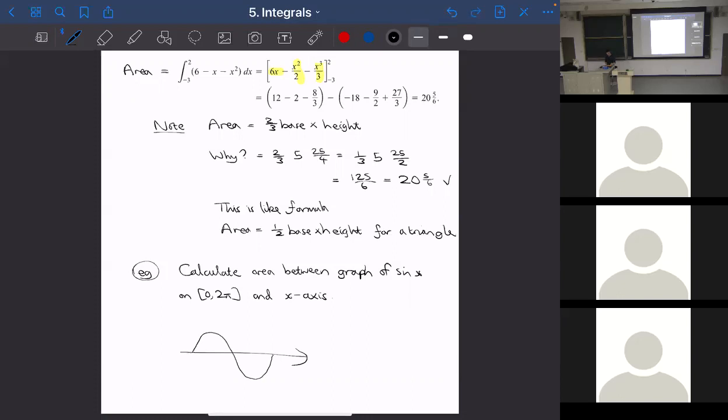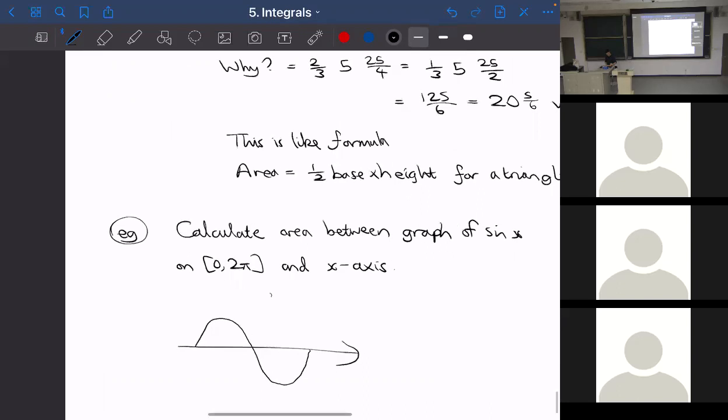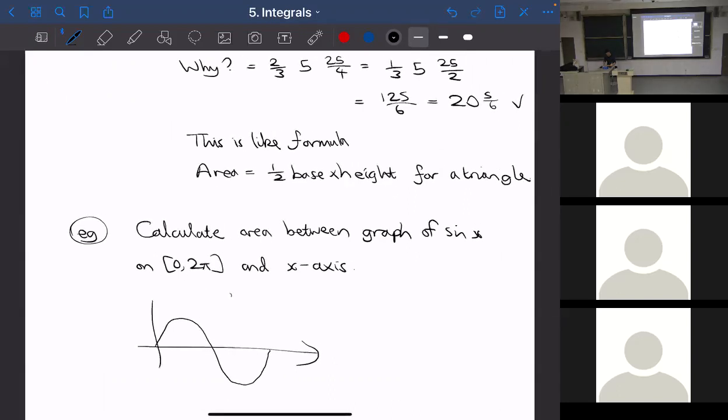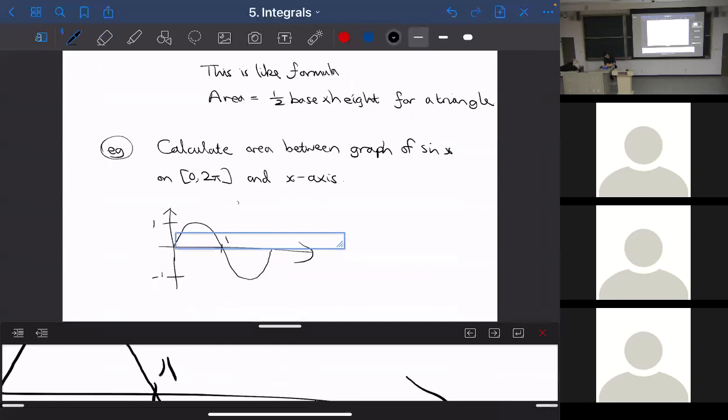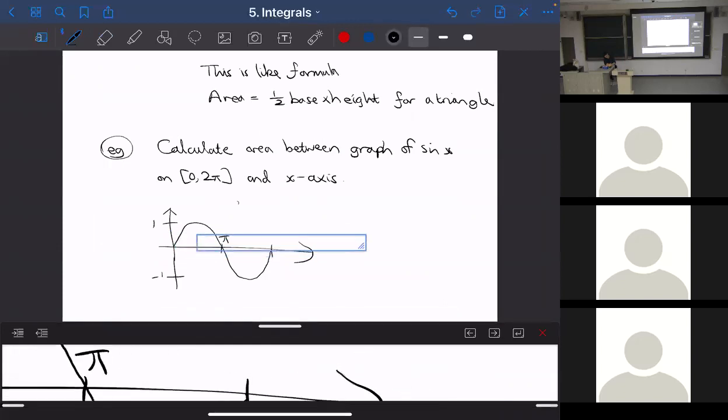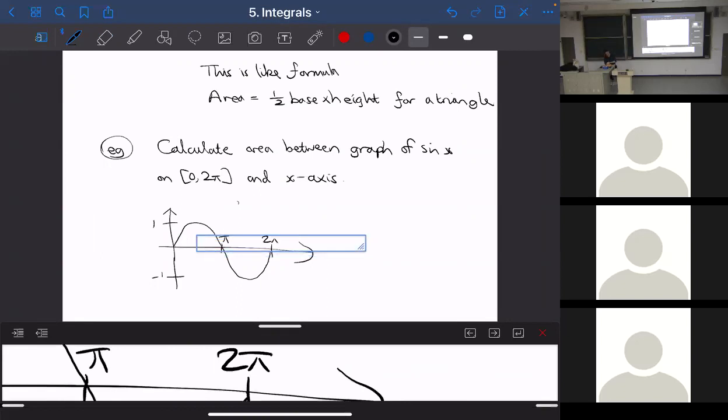So this is a graph of sine x, going between 1 and -1. And we know that it's 0 at pi. So less than pi, it's positive, and more than pi, it's negative.